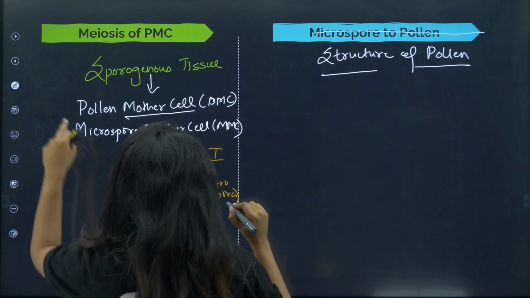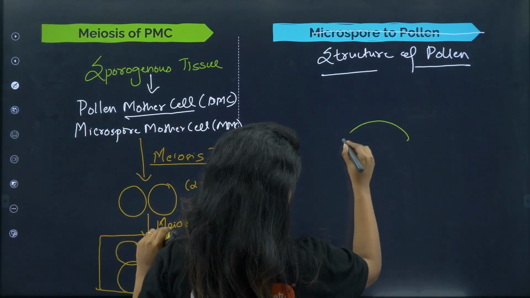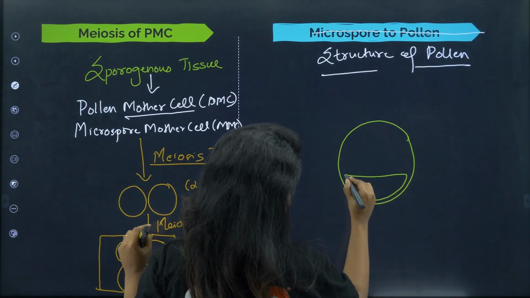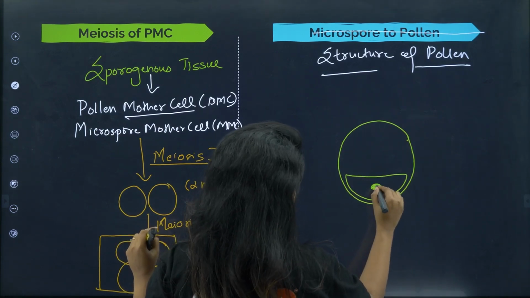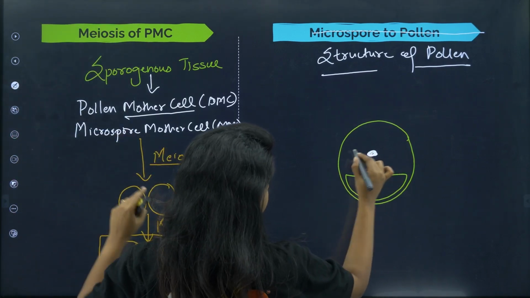Okay, see very carefully. So you have, as I said, two cells. One cell is floating in the cytoplasm of the other cell. This is the generative cell and this is the vegetative cell.